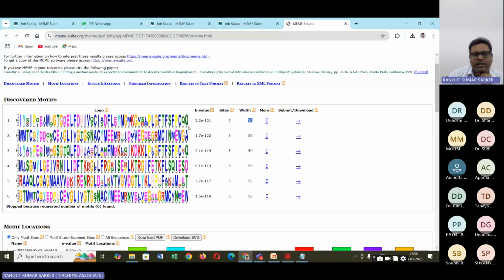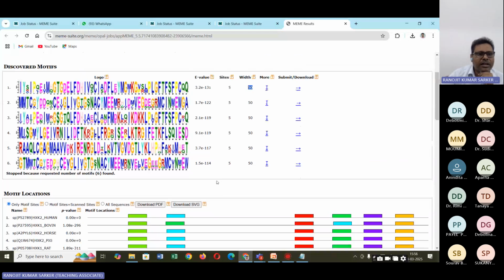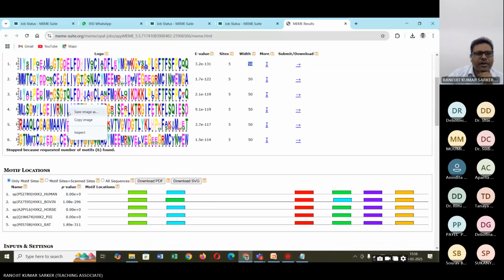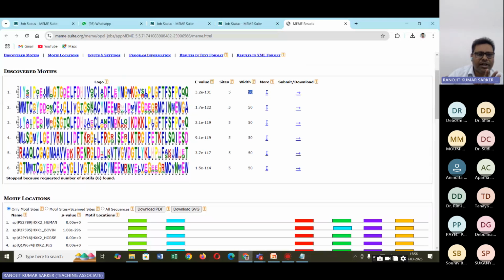Here you can see the p-value of this motif. The lower the p-value, the better the significance. Now these are the motifs. We can save this image, and it can be used as a figure in your manuscript.